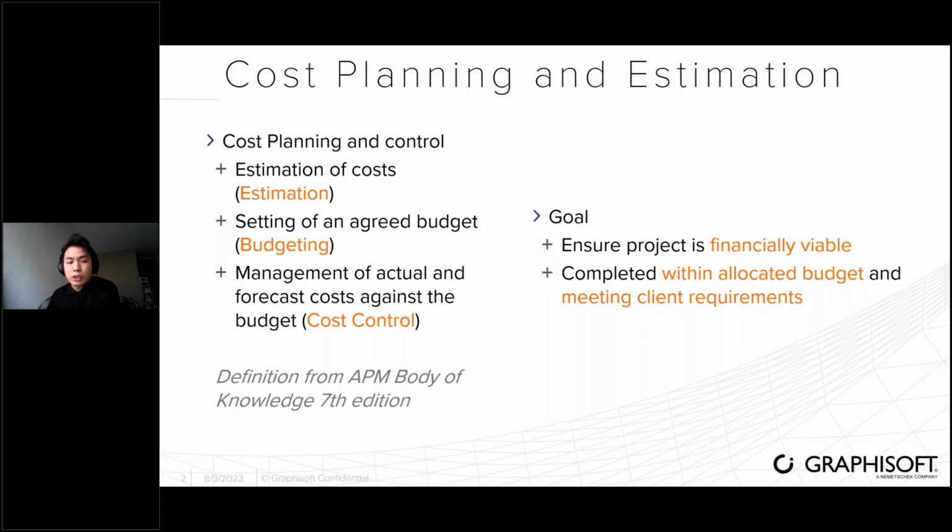And number three is cost control, to make sure that the actual does not exceed the budget, which also requires planning to ensure no additional cost will occur and to make sure that the project is financially viable. These definitions are from the Association for Project Management body of knowledge, so this is based on the UK, just for your information.